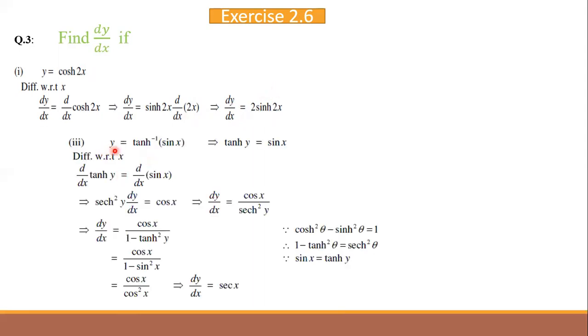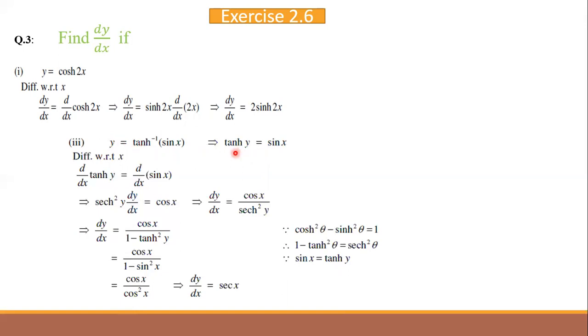The third part is y is equal to tanh inverse of sin x. When the tanh inverse goes to the left hand side, it becomes tanh y is equal to sin x.